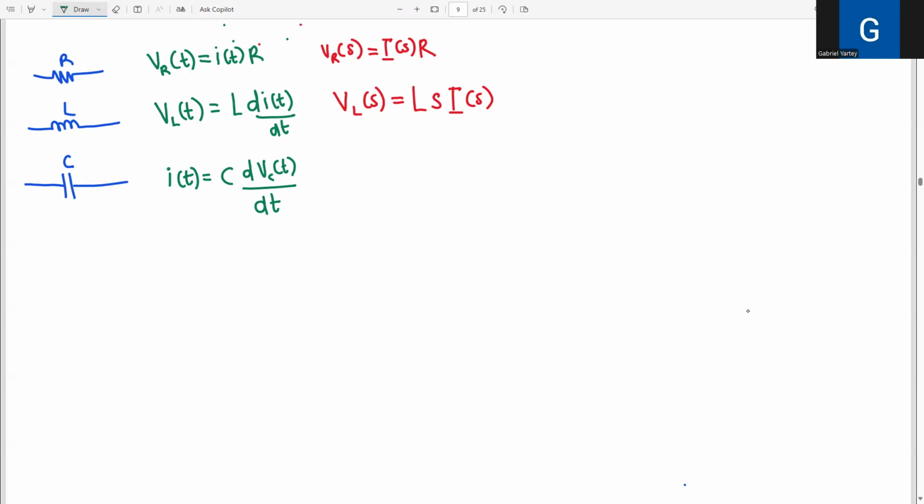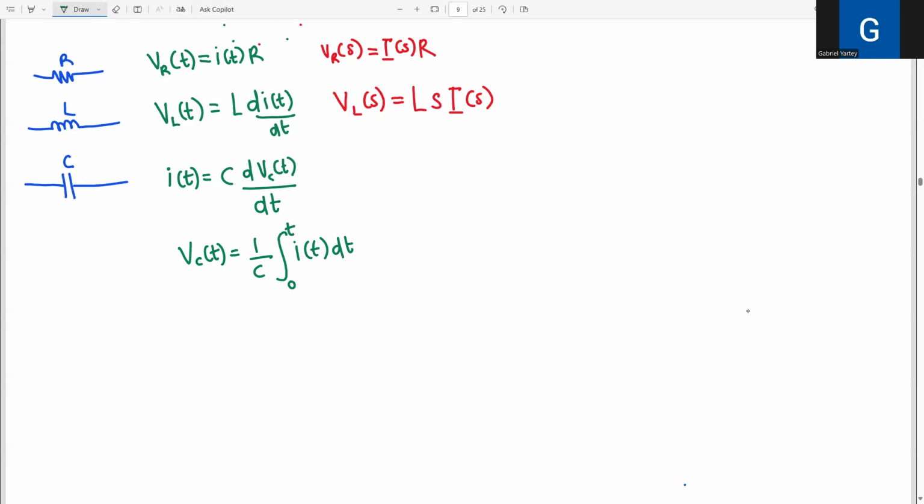If I do some manipulation on this, changing the subject, I'll find that the voltage across this is 1 over C times the integration of i of t dt from a particular time of 0 to, let's say, a particular time t.